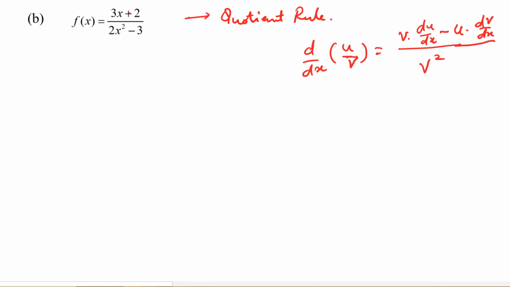In this case, your u is 3x plus 2 and your v is 2x squared minus 3.